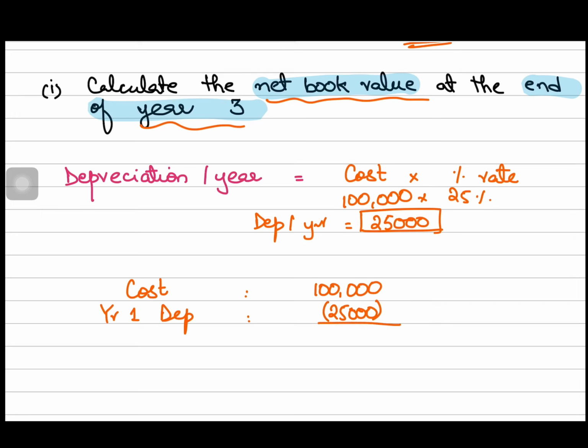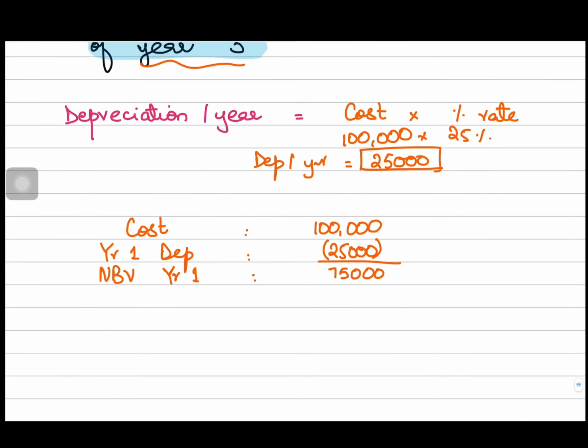So let's subtract that so that we have a net book value at the end of year 1, and that would be $75,000, right? Now for year 2 depreciation, we will again subtract the same value, $25,000, so that we have the net book value at the end of year 2 standing at $50,000.